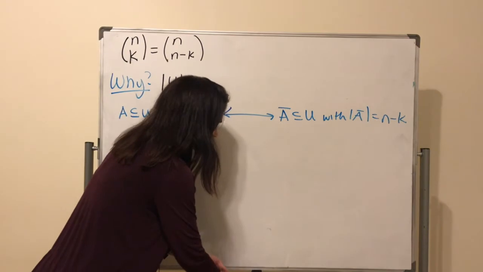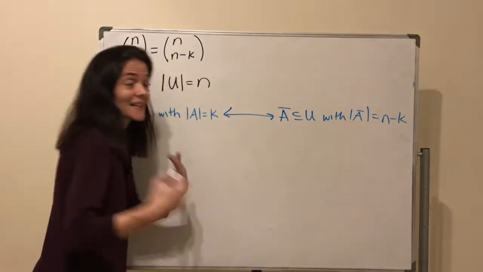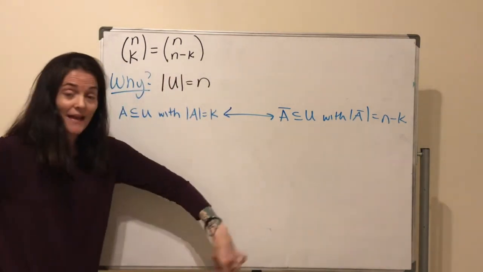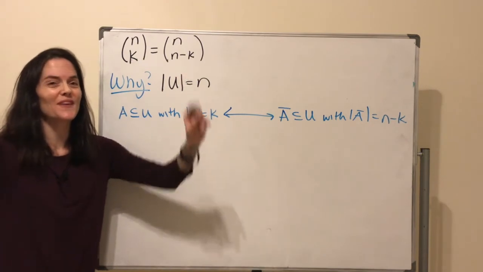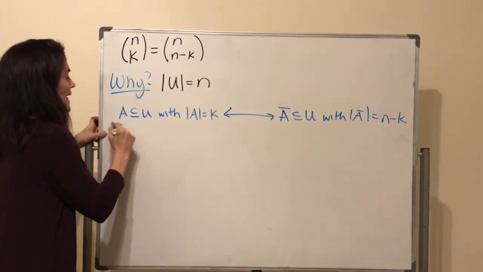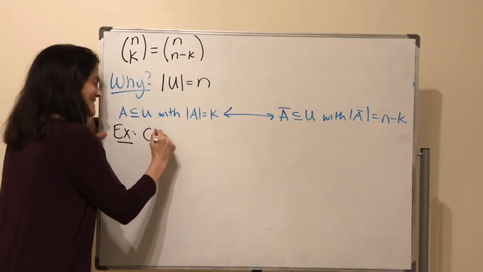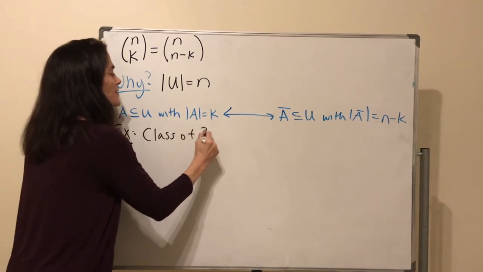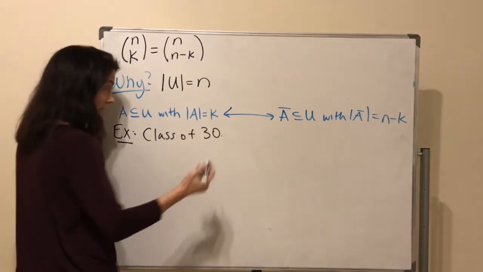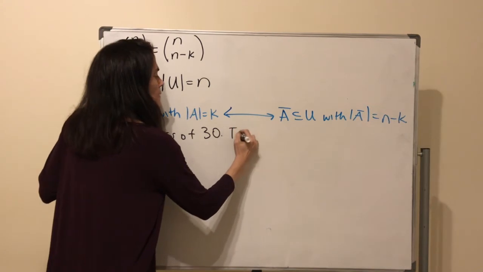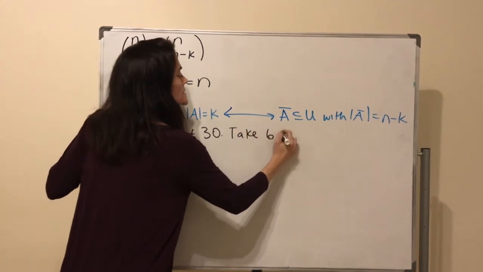Now, how can we think about this in an example? I did an example last time. We had a class of 30, and I was going to line up some at the board. There was order there. But let's go back and think about our class of 30. So we have a class of 30, and I will take 6 students to pizza.